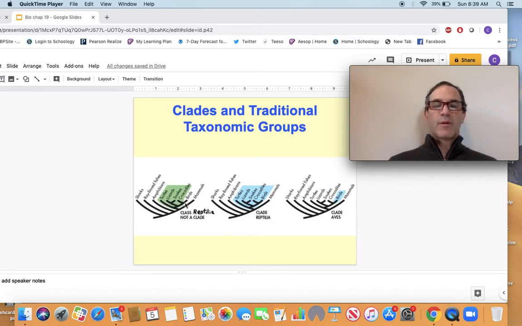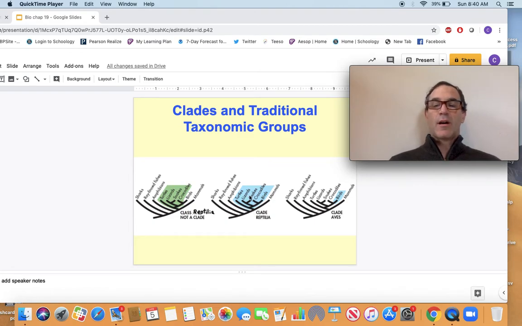So since the birds are in this whole group here, which really starts right down here, birds are actually of the Reptilia group. And this next group, the modern version of this, does include birds. We call it clade Reptilia. It includes the birds.